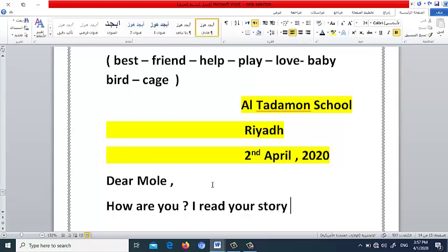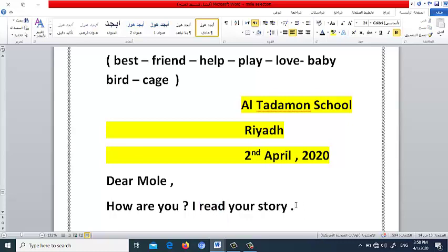Which story? Mole and the Baby Bird. I read your story. If I'm talking about the verb read in the past, I will say read. Read in the present means something happening now, but in the past I will say I read your story.